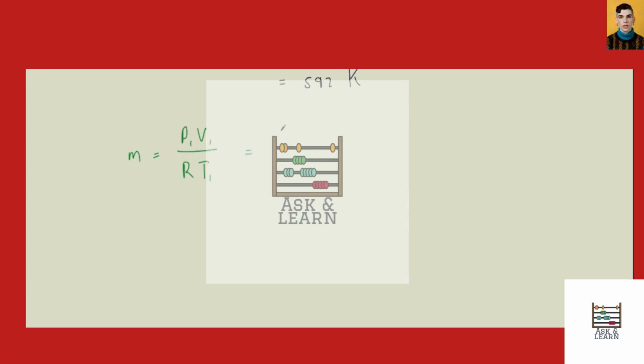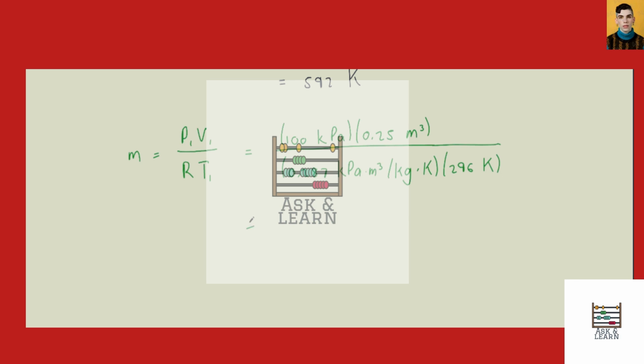So this is the initial pressure, 100 kilopascals, times the initial volume, 0.25 cubic meters, over the gas constant R, 0.287 kilopascal meter cubed per kg Kelvin, multiplied by T1, which is 296 Kelvin.